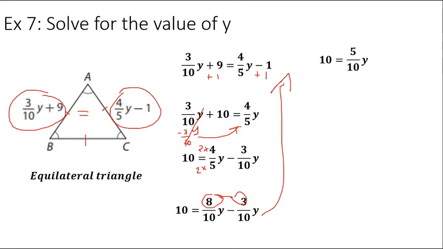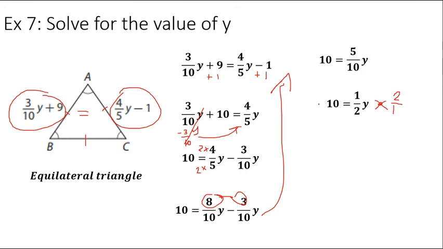Now I want to reduce 5 over 10. So that becomes 1 over 2. The way I get y by itself here is I multiply by 2 over 1.